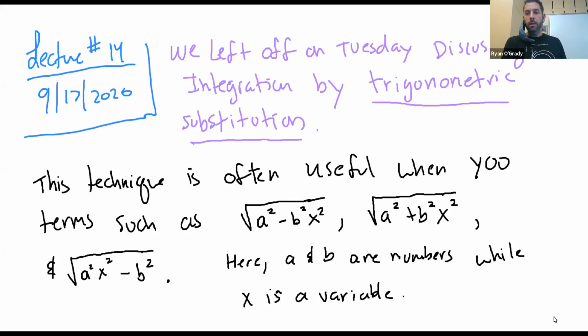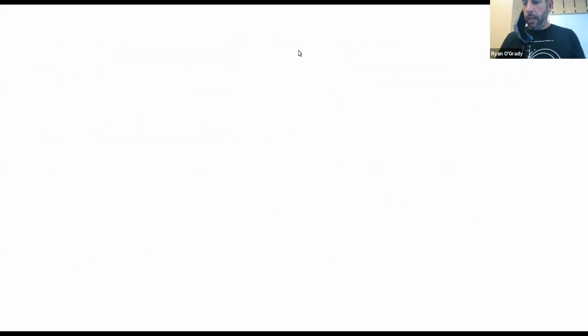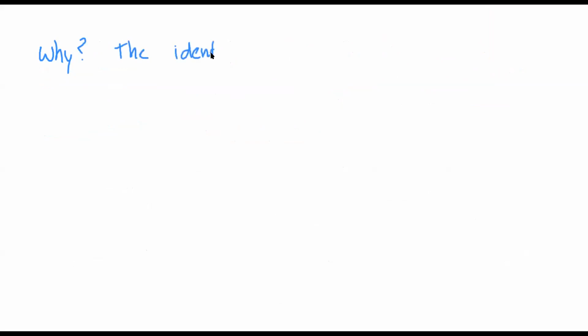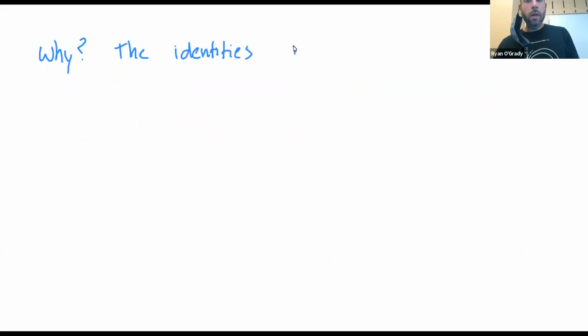So let me rewrite that on the next page. I don't want to go back into this in too much depth because we did it on Tuesday, but the identities: 1 minus sine squared equals cosine squared.